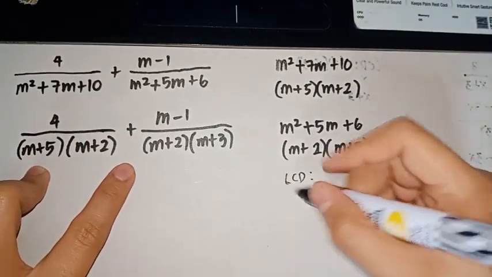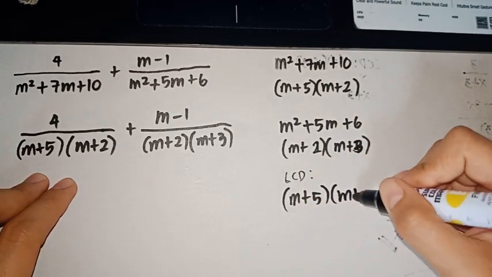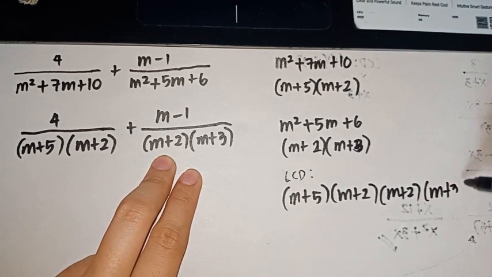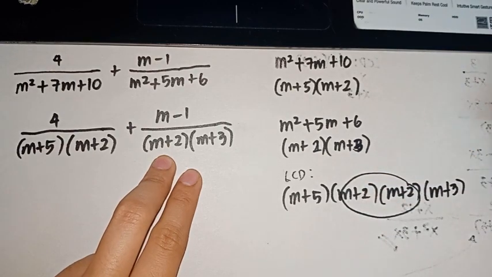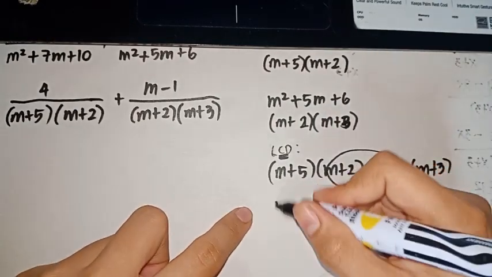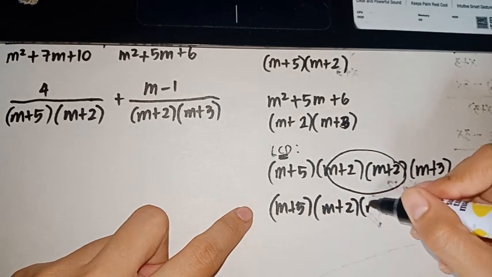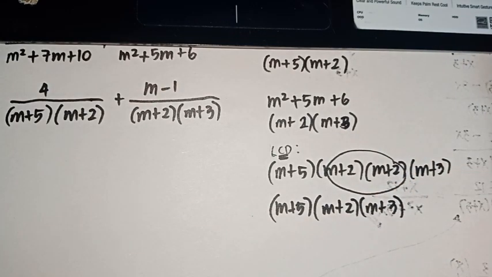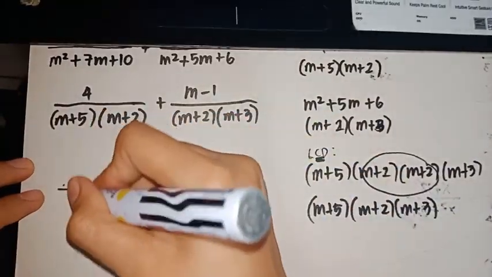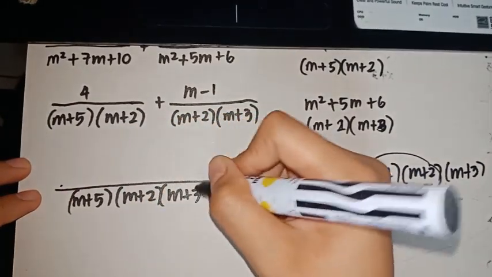So the denominators are m plus 5, m plus 2, m plus 2, and m plus 3. But since m plus 2 is common, the LCD will be m plus 5, m plus 2, and m plus 3. So our overall denominator will be m plus 5 times m plus 2 times m plus 3.